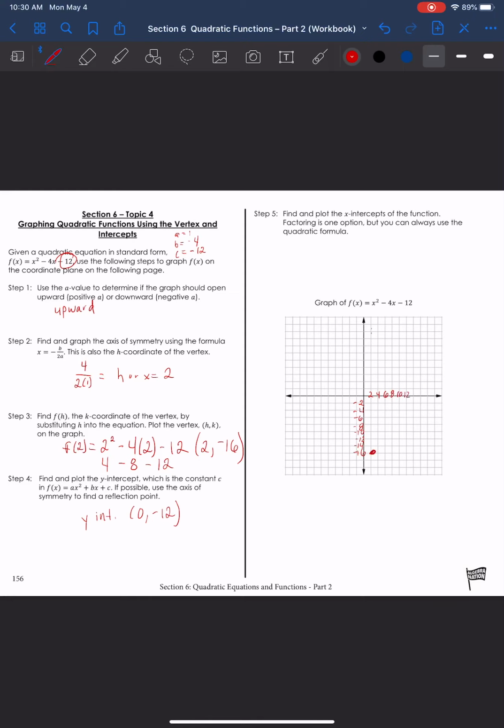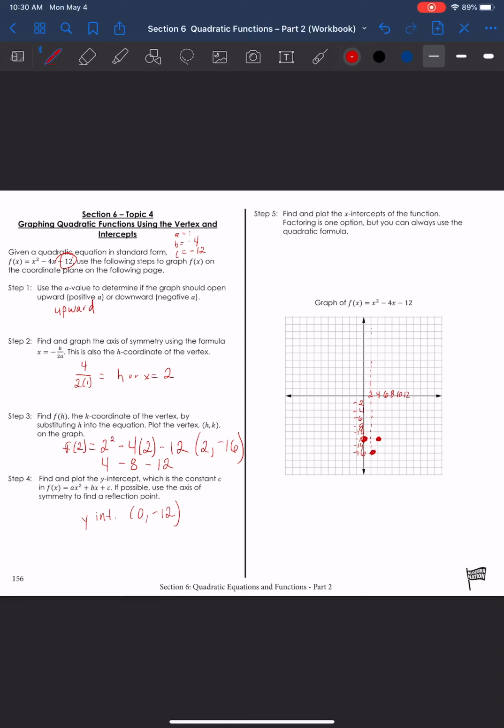We'll plot our vertex down here at 2, -16. Our y-intercept is right here at 0, -12. The axis of symmetry is how we can split this parabola in half. So we know that there's going to be a point equal right over here at 4, -12.